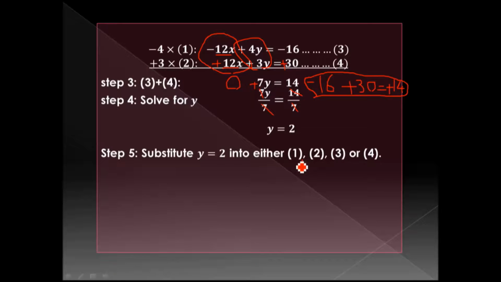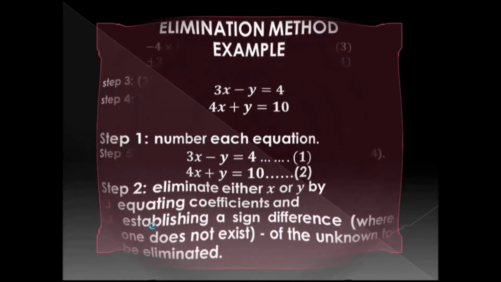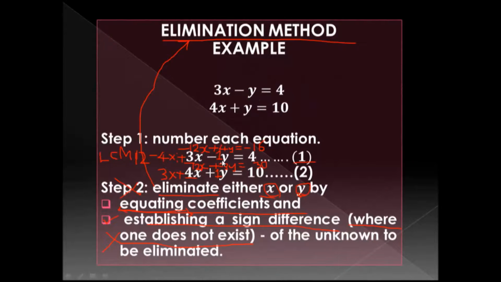My equation of choice is equation number 1. So let's just observe in retrospect what were the terms in equation 1, which are clearly defined here. 3x minus y is equal to 4.